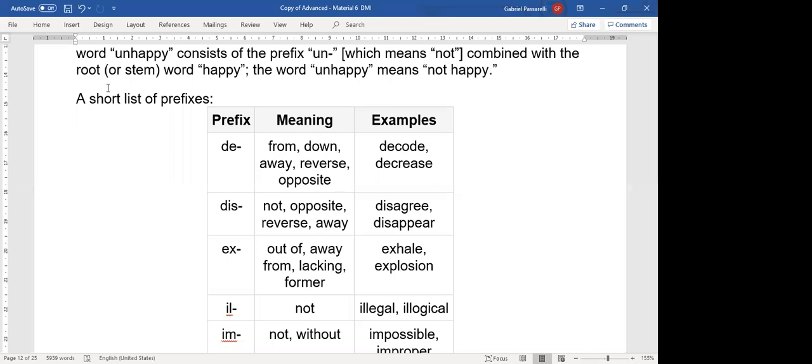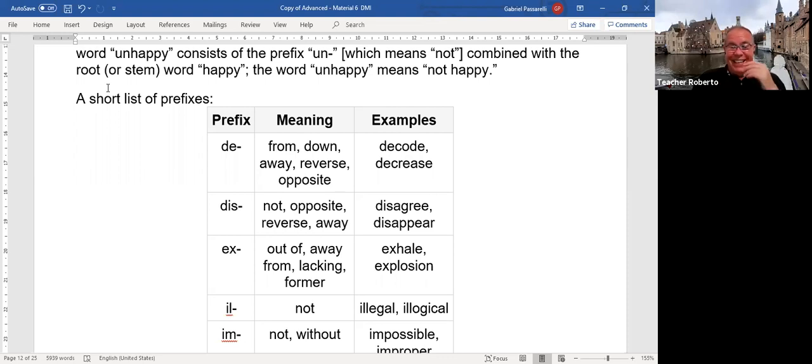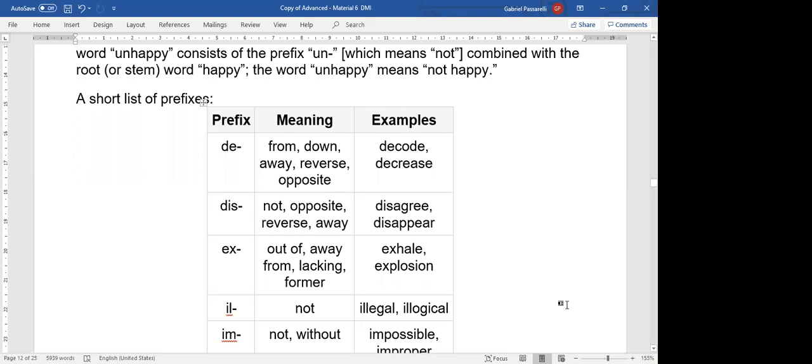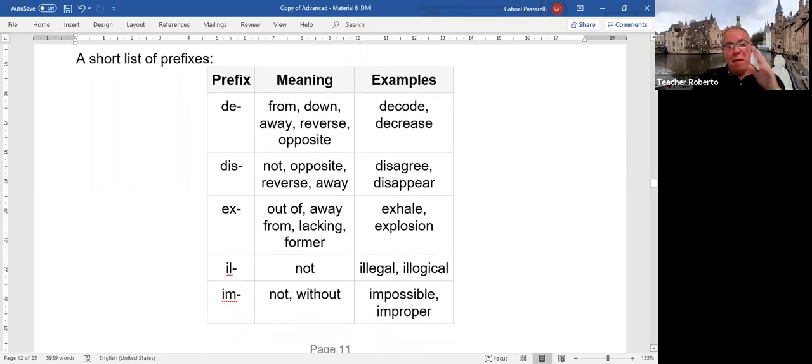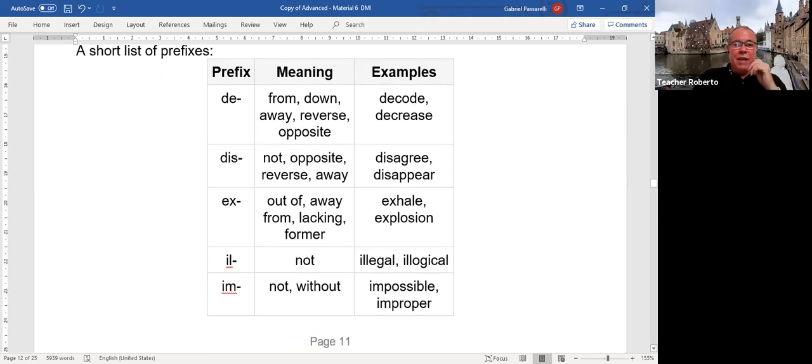Examples, exhale, explosion. Ex-wife, ex-boyfriend. Yes, that's the idea, former, the previous one, the same in English. My former boyfriend or girlfriend, my previous, my ex, okay? That's the idea. Claudia, ill.